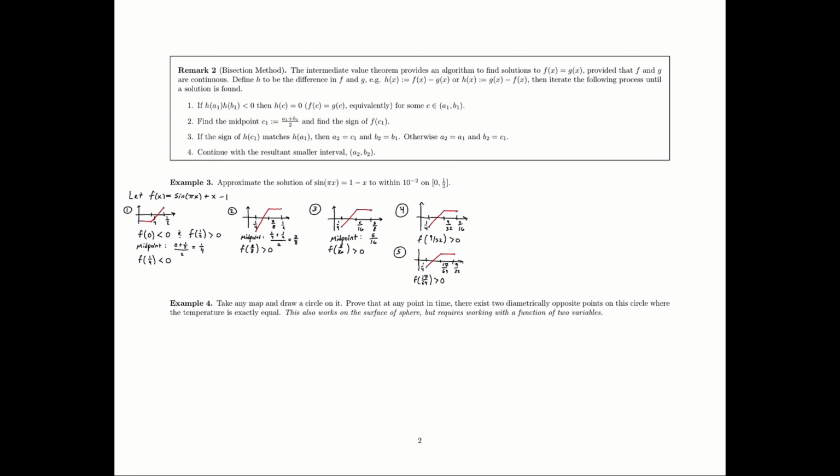And if you take a look at what f of 17/64 is, it's positive, but it is also less than 0.01. So we can say that the solution is x approximately equal to 17/64.